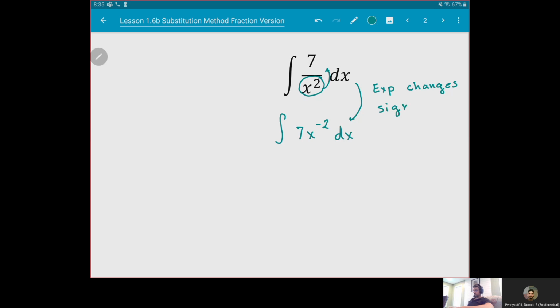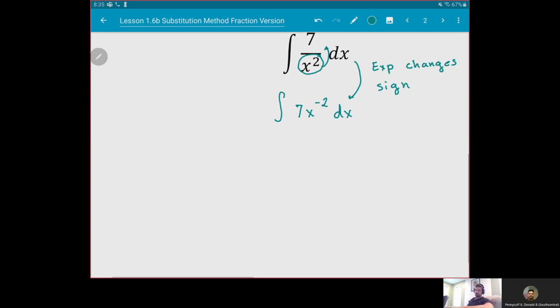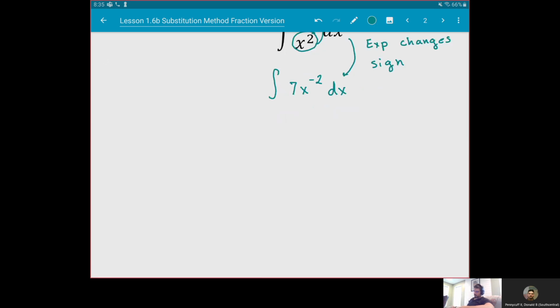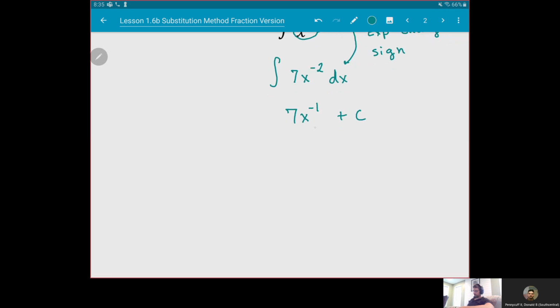So a negative exponent would become positive, a positive becomes negative, and now you're off to the races because now that's just power rule. I'm going to add 1 to my exponent, so that'll be x to the negative 1. Let's not forget my plus c. And I'm going to divide by my new exponent.